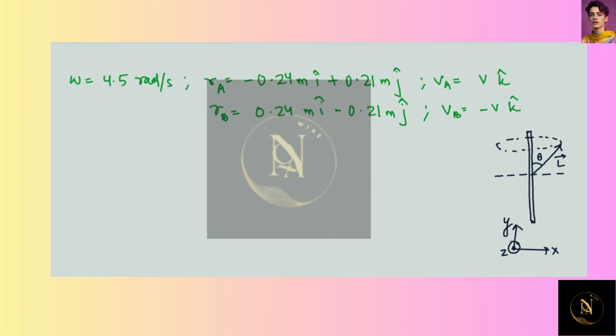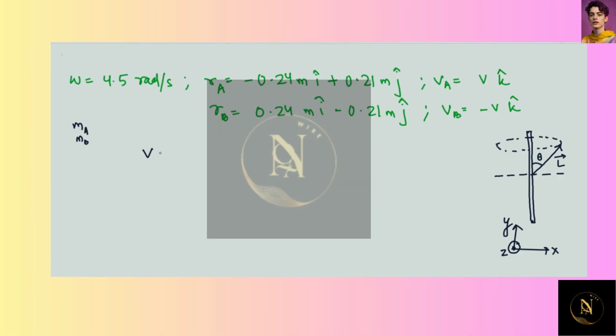Now we take the upper mass as mass A, or MA, and the lower mass as mass B. If we assume that the system is rotating counterclockwise when viewed from above along the rod, then the velocity of mass A is in the positive z direction as written here, and the velocity of mass B is in the negative z direction as I wrote over here.